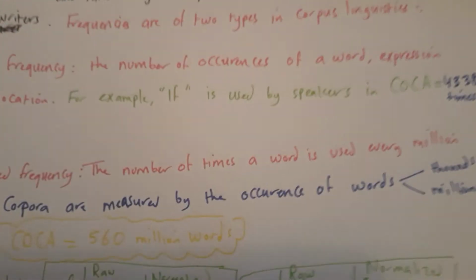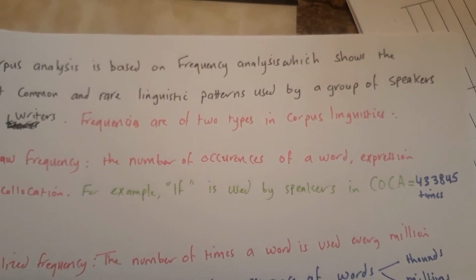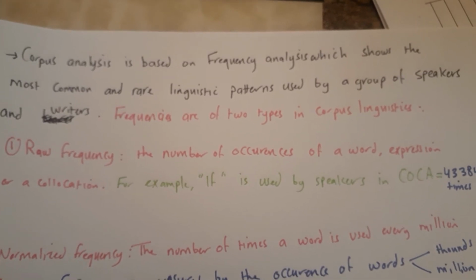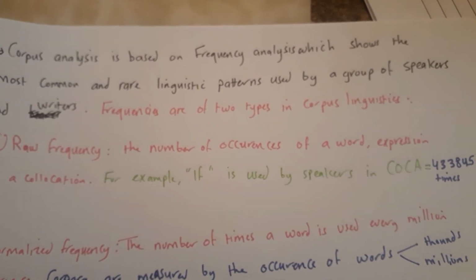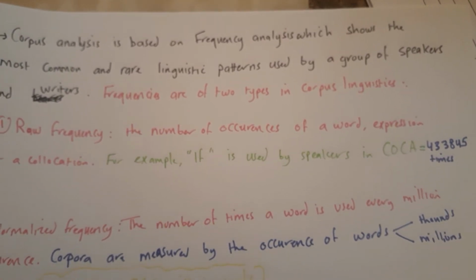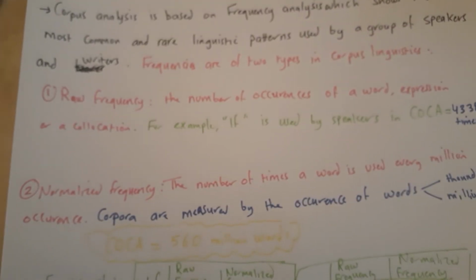Now, since corpus analysis is based on frequency analysis, and this kind of analysis shows the most common and the most rare linguistic patterns used by a group of speakers or writers, we have 2 types of frequencies, and this is important, please pay attention.